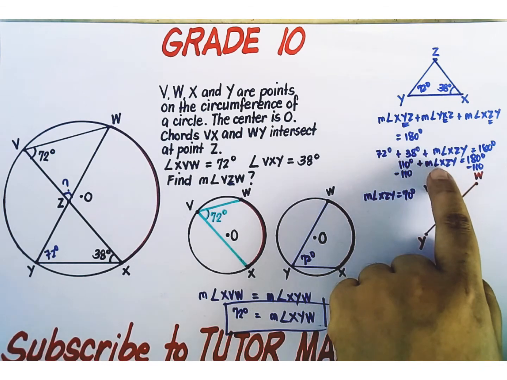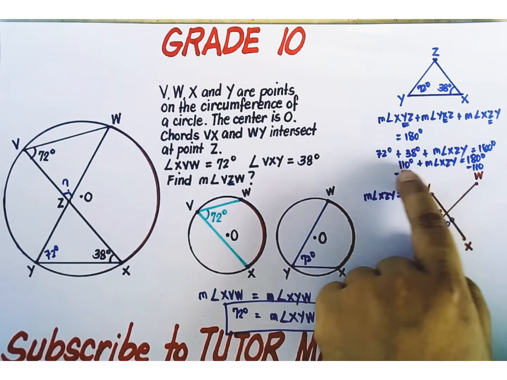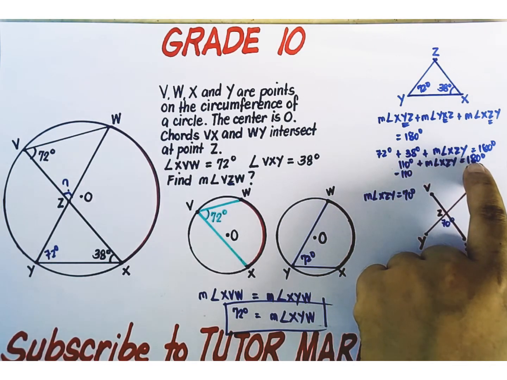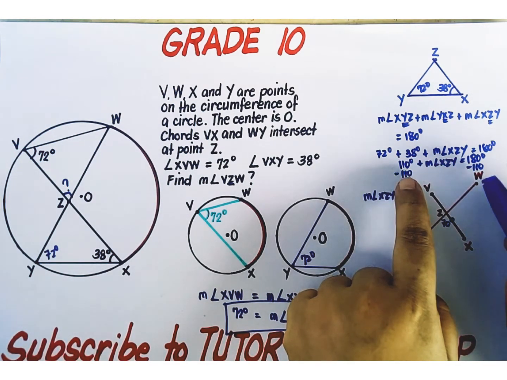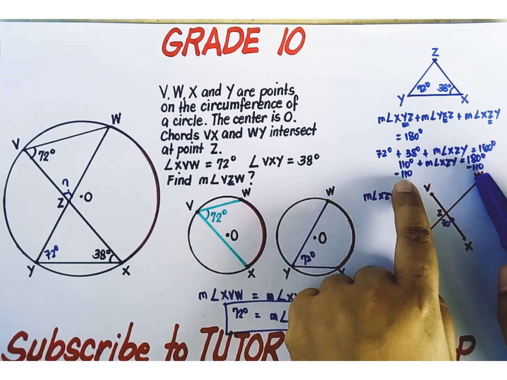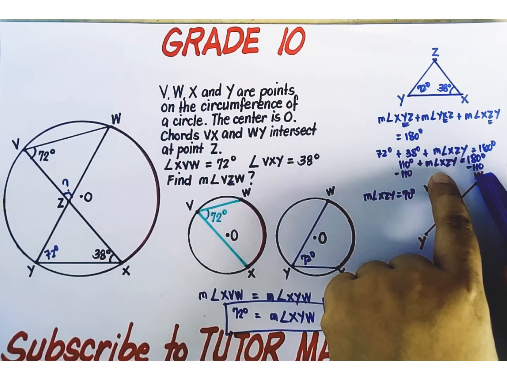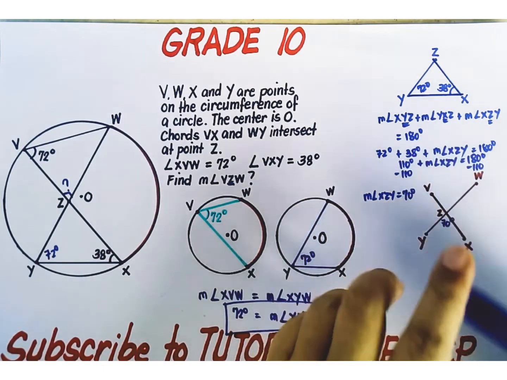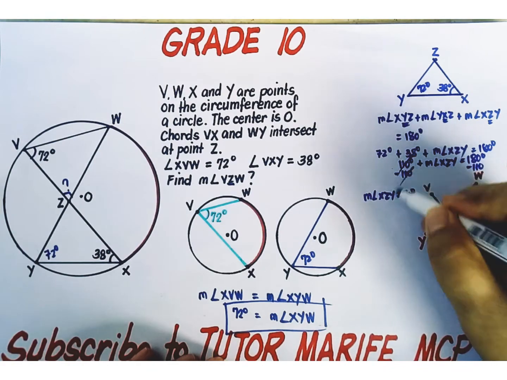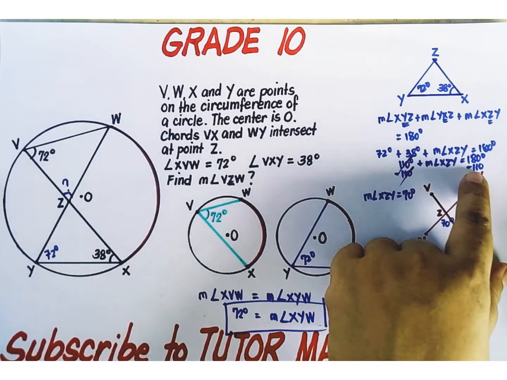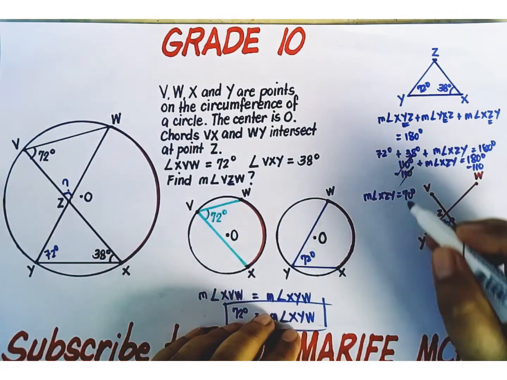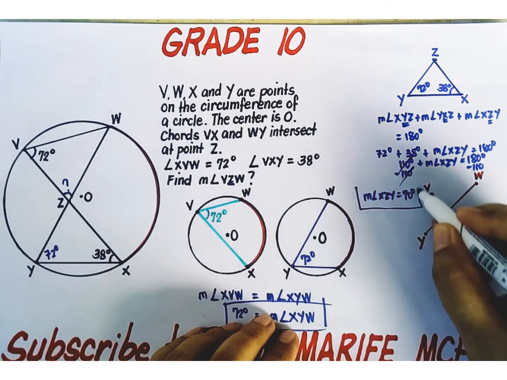Then copy the unknown angle, equate the sum to 180 degrees. By subtraction property of equality, we can subtract 110 from both sides of the equation to isolate the unknown third angle. Measure of angle XZY is equal to the difference between 180 and 110. And that is equal to 70 degrees.